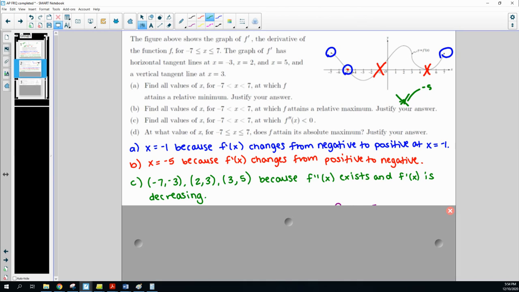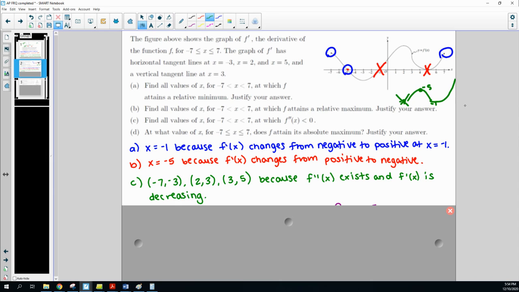So from -5 to -1, I do decrease. So I'm going to draw that, decreasing. But then when I get to -1, it's increasing, and it's increasing all the way to 7. I ran out of space.